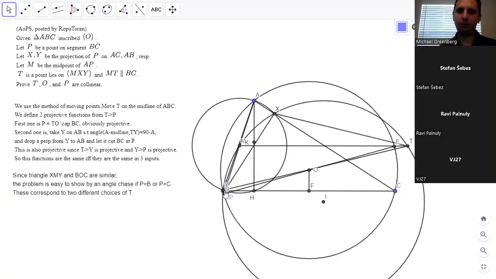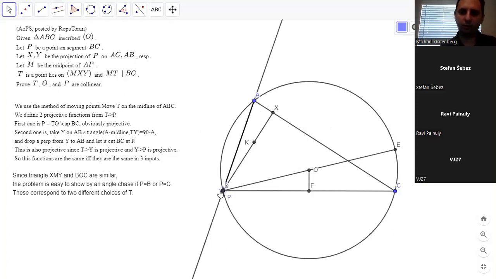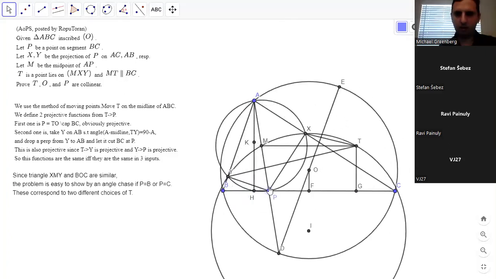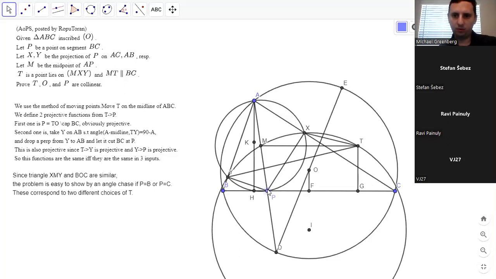Unfortunately I can't move it past point P in the way I drew this, but T is at infinity, P is at infinity, and then is it clear that if that's true, I guess it's obvious, right? Let's see.